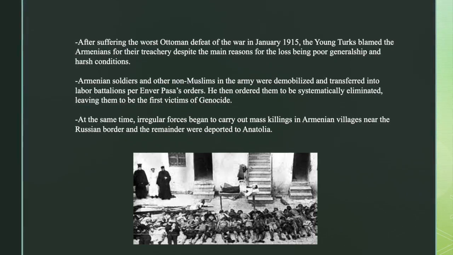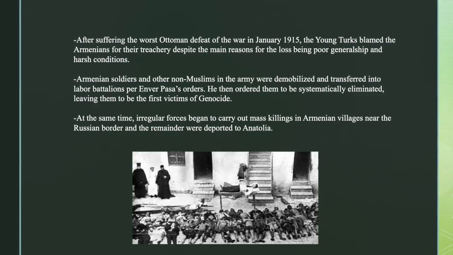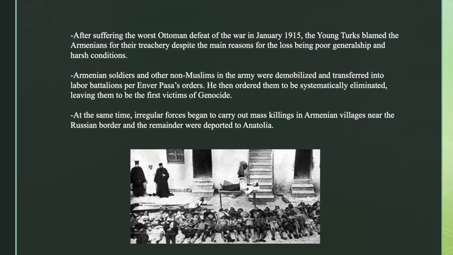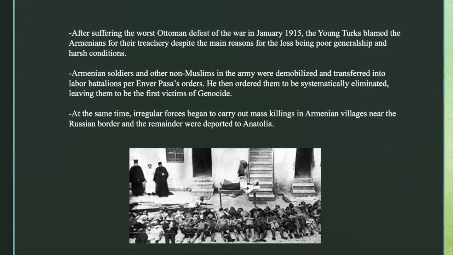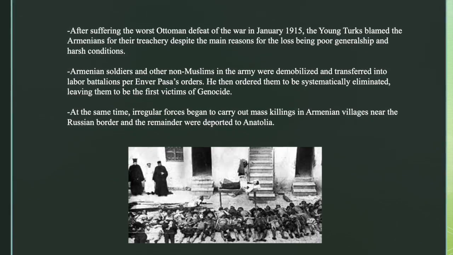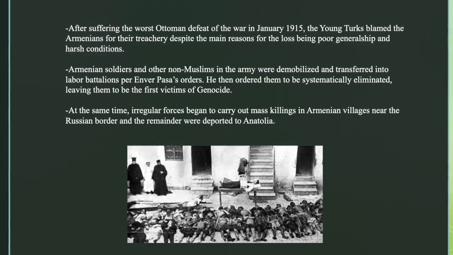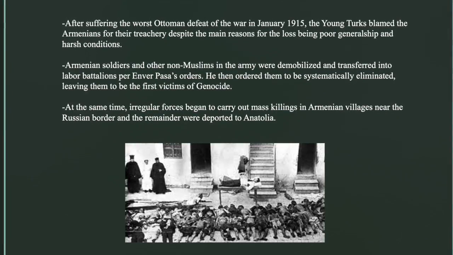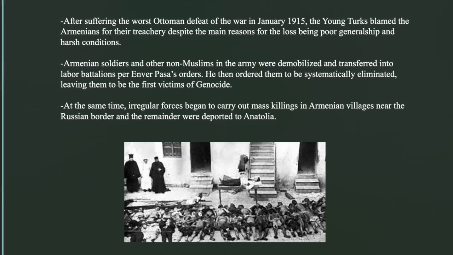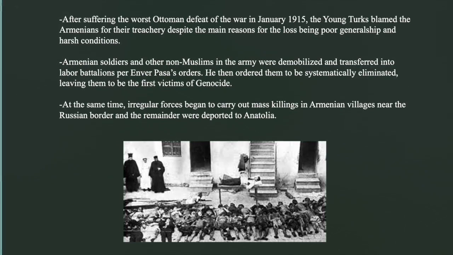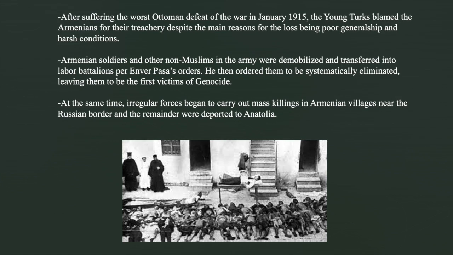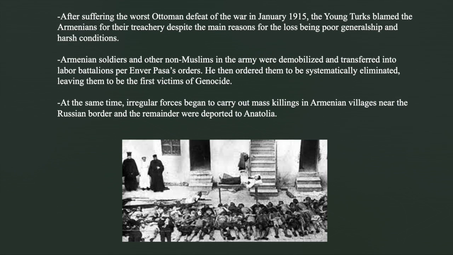They demobilized the army and transferred them into labor battalions per Enver Pasha's orders. He then ordered them to be systematically eliminated, basically genocide, leaving them to be the first victims. At the same time, irregular forces began to carry out mass killings in Armenian villages near the Russian border, and the remainder was deported to Anatolia.